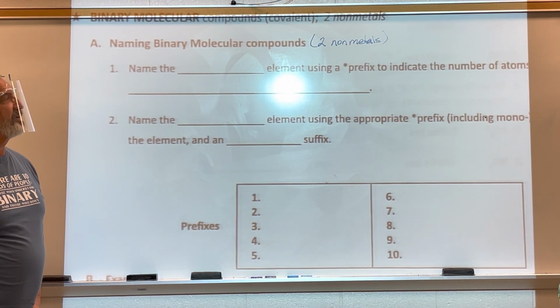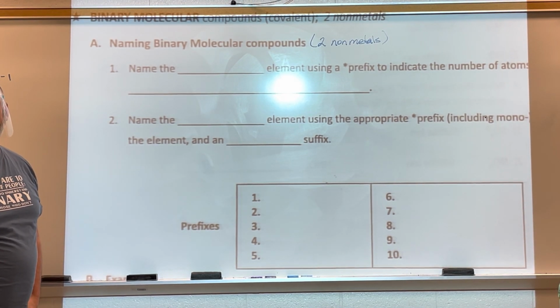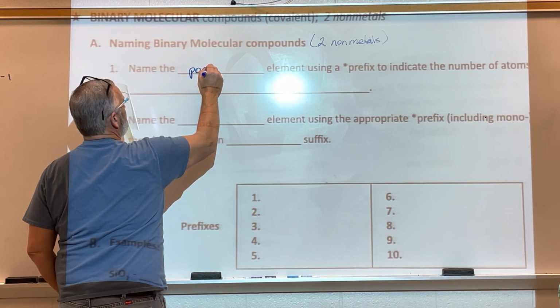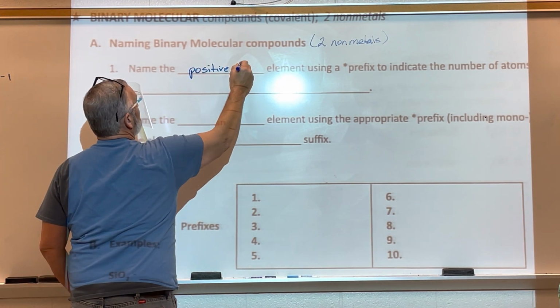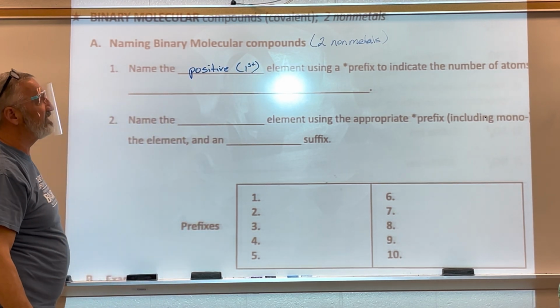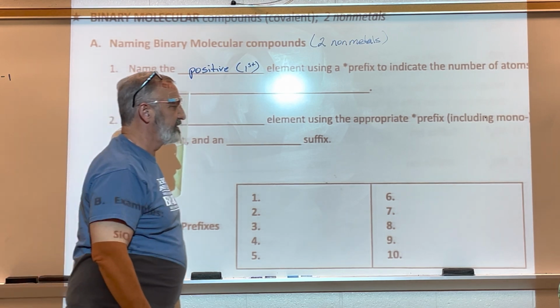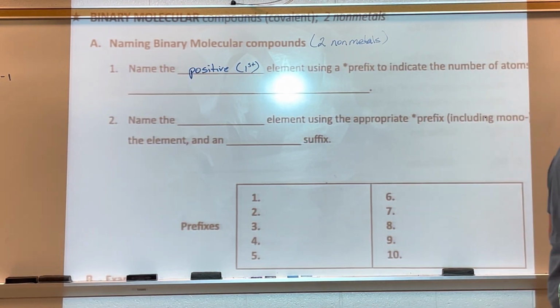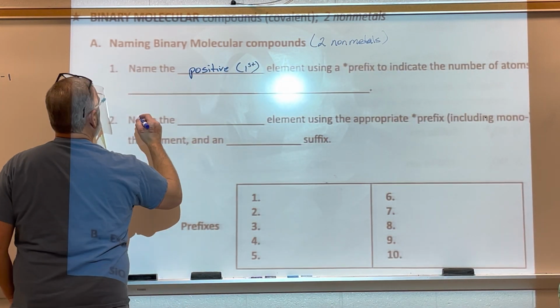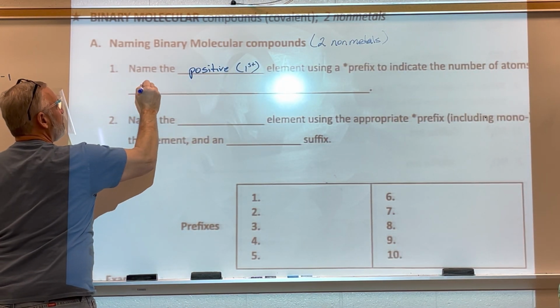Now, which one are we going to name first? Positive or negative? Positive. Name the positive, and that's really always going to be the first one. Element using a prefix to indicate the number of atoms in the molecule. Now here's the kicker.